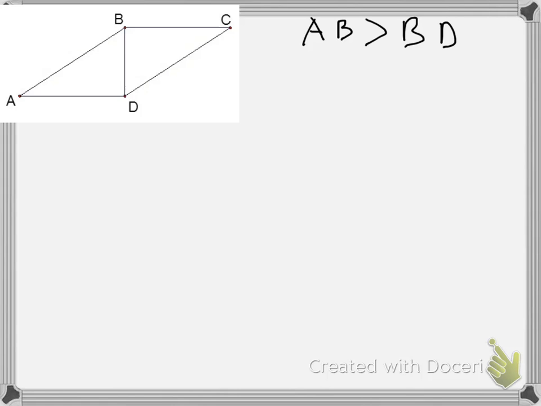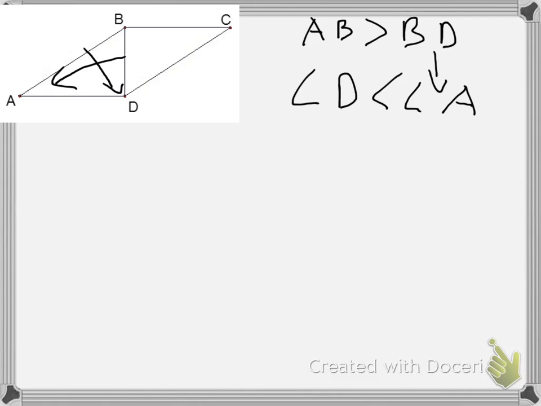Let's just look at the triangle ABD, and let's put the angles in order. So we know the angle across here, that controls angle A. And we know that AB is across from D. So we know that is true. Okay, so that's important.